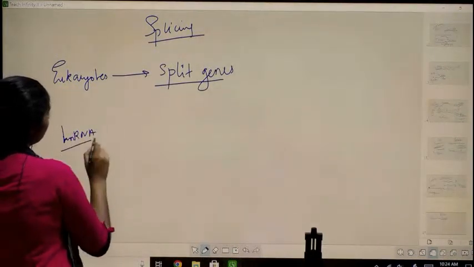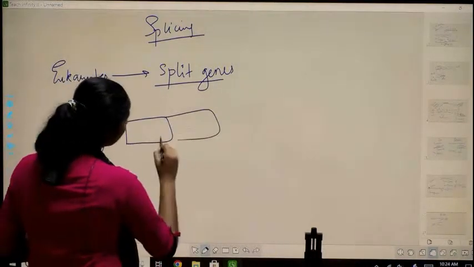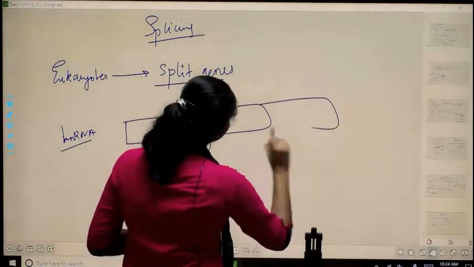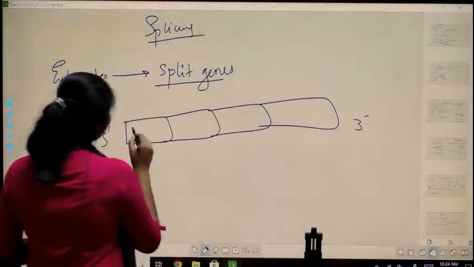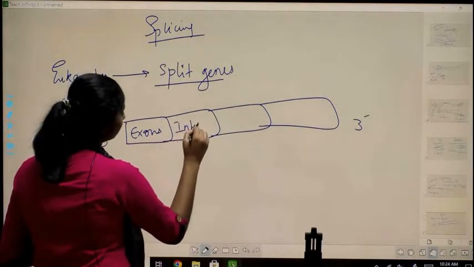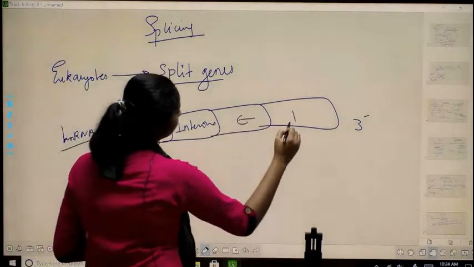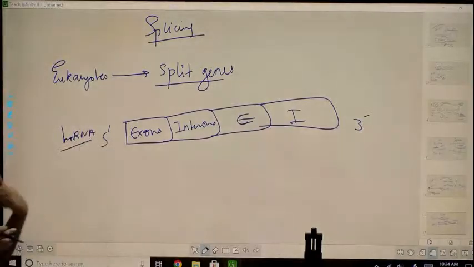In the hnRNA, there are two types of sequences that we can see. There are exons and then there are introns. Okay, so there are exons and introns in our gene.